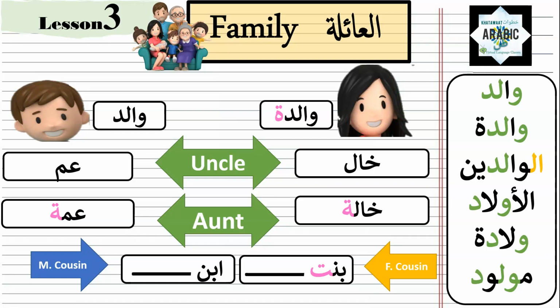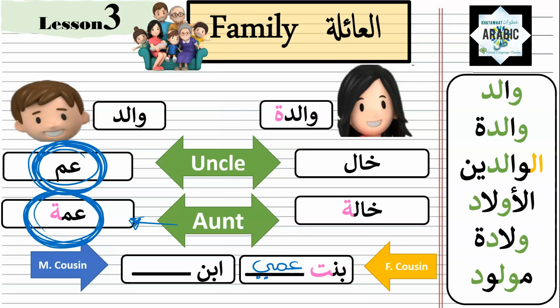So if I'm using my uncle's daughter, I would say bint ammi. If I'm talking about my cousin from my aunt, being my aunt from my father's side, I would say ibn ammati.